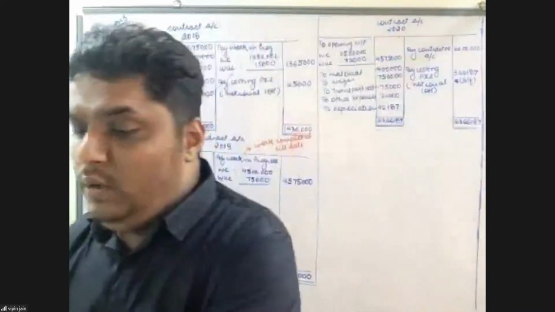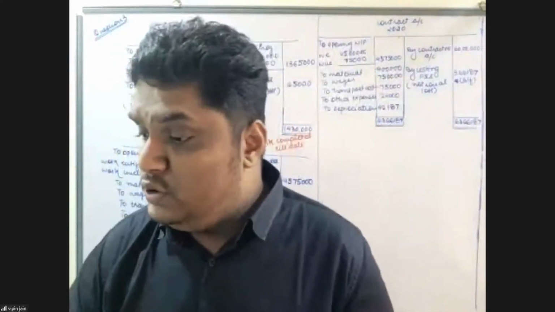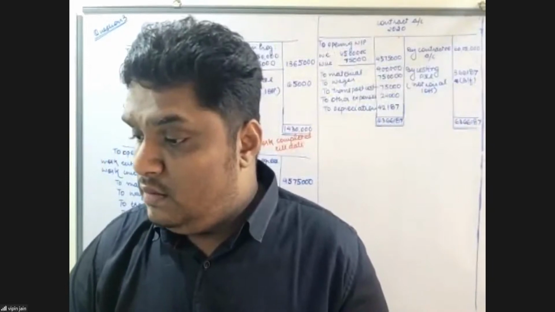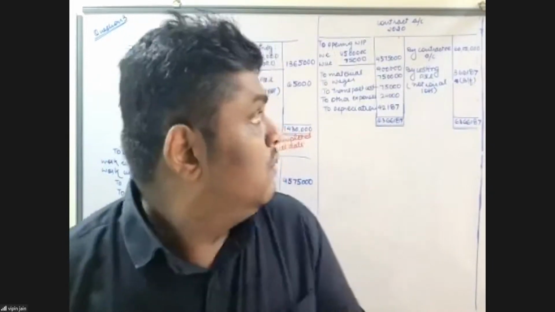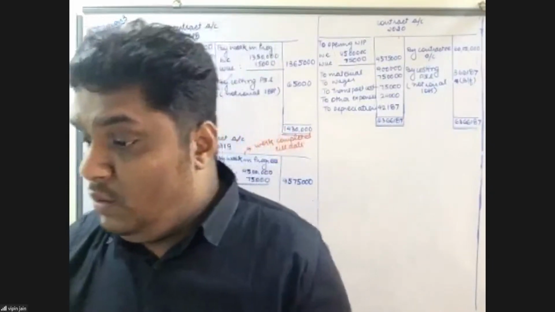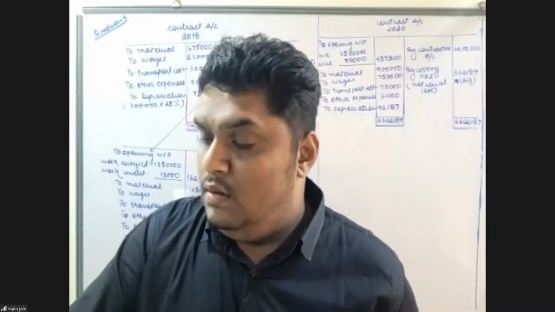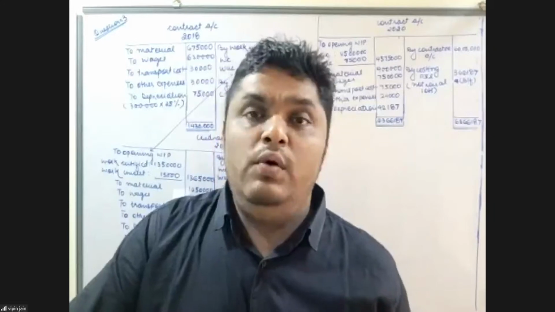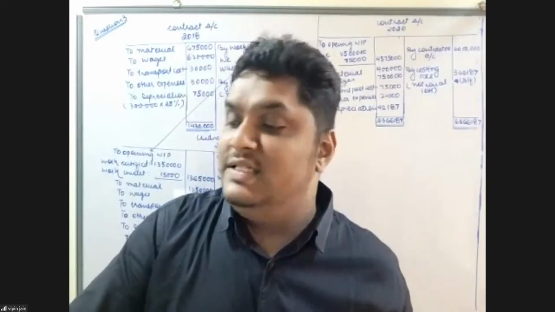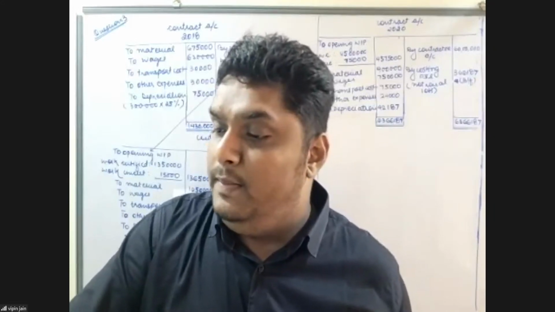If you guys have any queries till now, please post your query. Very good, Rushita. Very good, Bhumika. Simply, you have to calculate the total work in progress. That is the work in progress till date, Anupam.